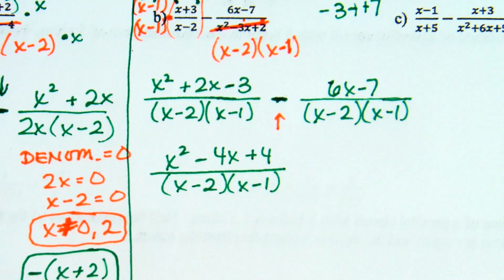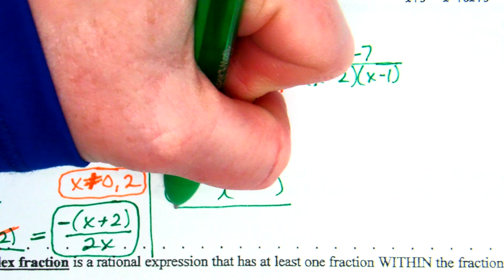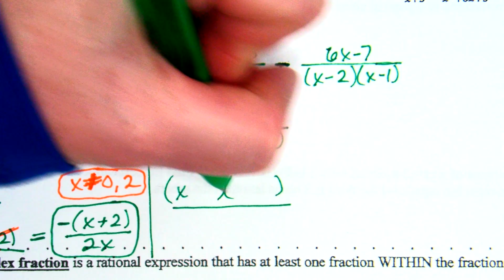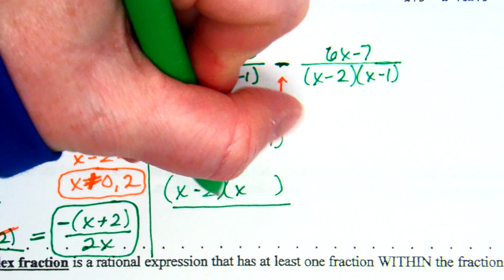Okay. So what are you guys doing now? We're factoring the numerator. What do you know about x squared minus 4x plus 4? x and x. Multiplies to be positive 4 and adds to be negative 4. Minus 2, minus 2.